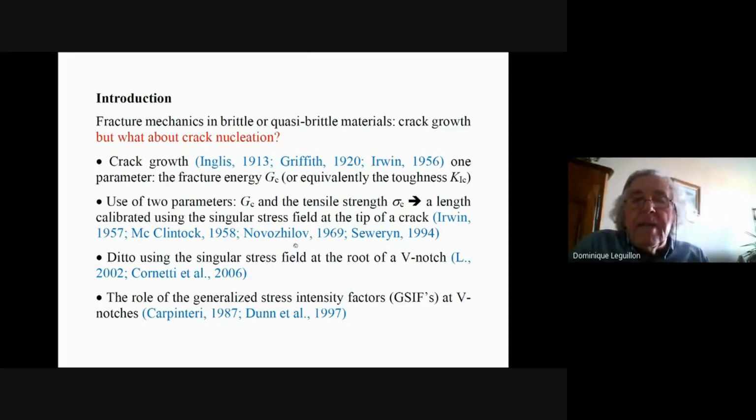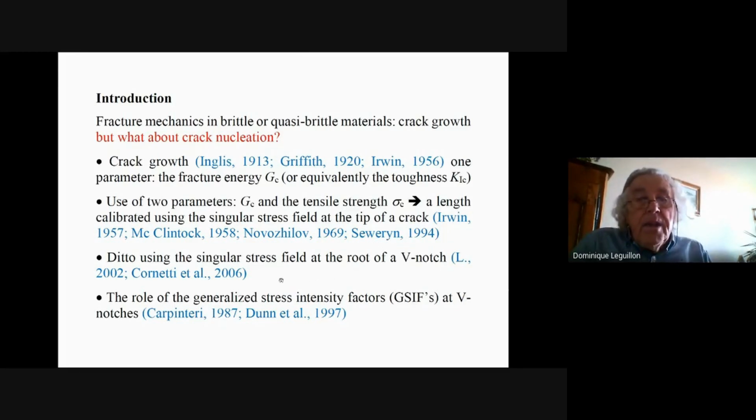Okay, but the length was calibrated by the stress field at the tip of the crack. Novozhilov used a point criterion, and Seweryn a line, an average along a line of the stress, but it's almost similar.